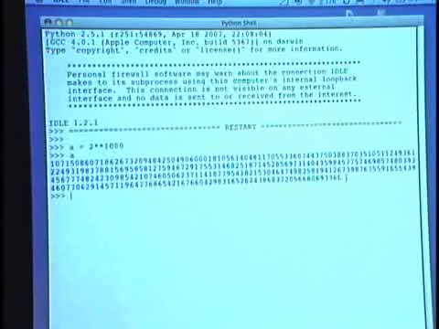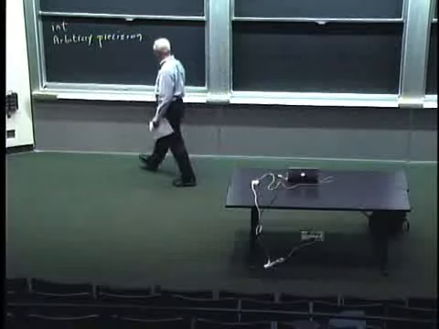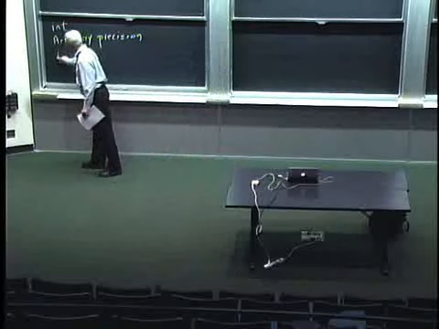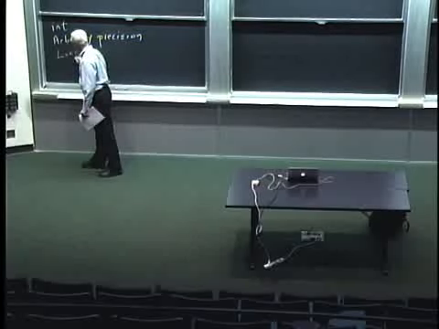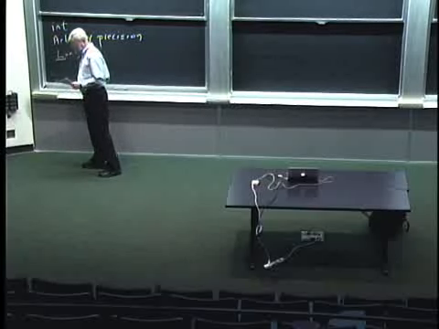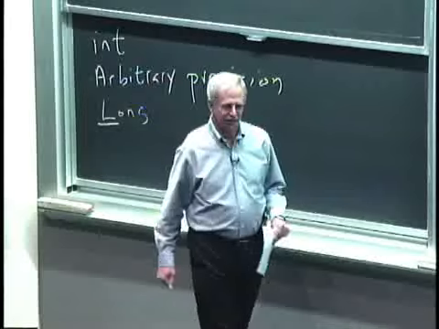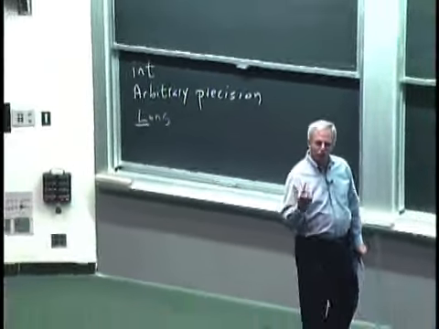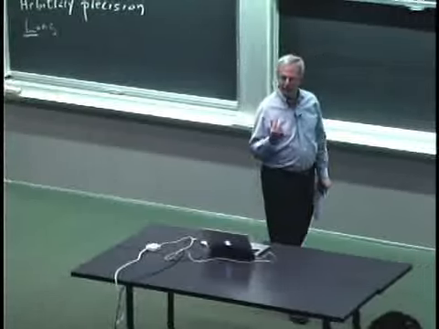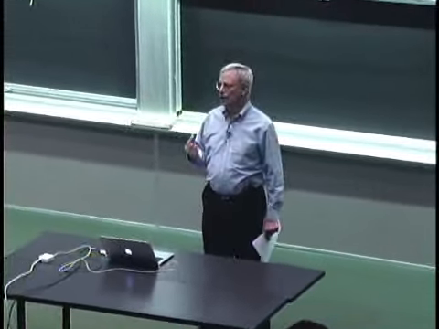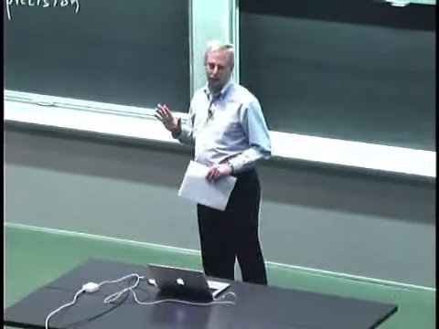I would like you to notice at the very end of this is the letter L. What does that mean? It means long. That's telling us that it's representing this particular integer in what it calls its internal long format. You needn't worry about that.